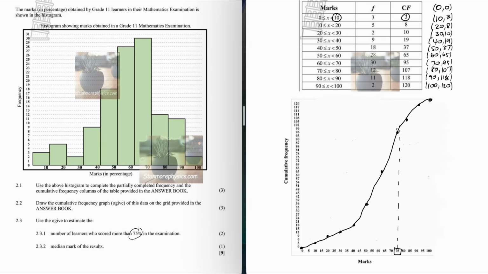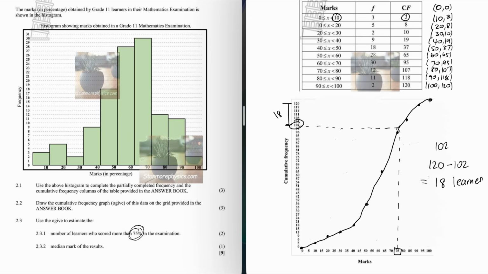That's going to be somewhere here, so I'm going to go with roughly 102 learners. There are 120 in total, and 102 scored between 0 and 75. That means the difference is 18 learners who scored more than 75%.